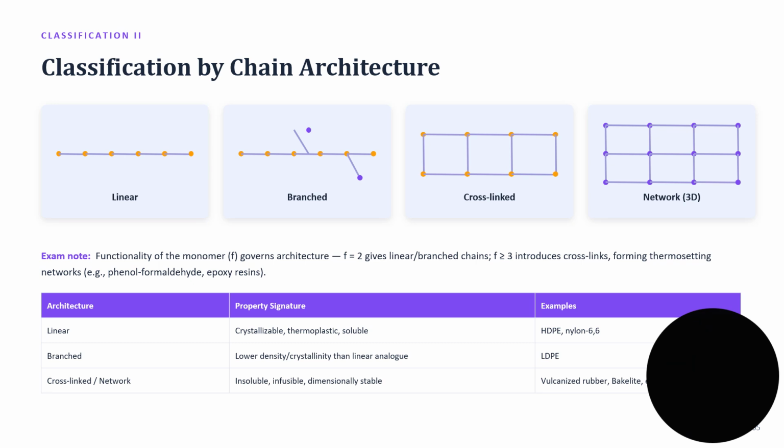A functionality of 2 gives you a linear or branched chain. These remain thermoplastic, meaning they can be melted and reshaped, and they are often soluble in appropriate solvents. But once functionality reaches 3 or higher, you start forming cross-links and eventually a full three-dimensional network.